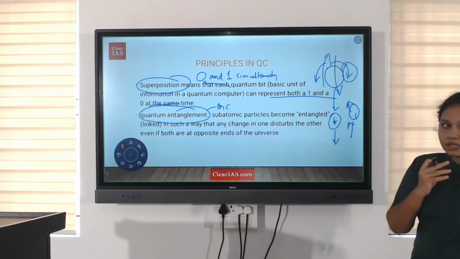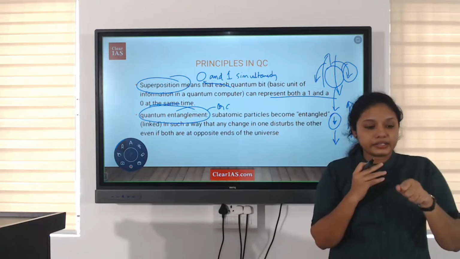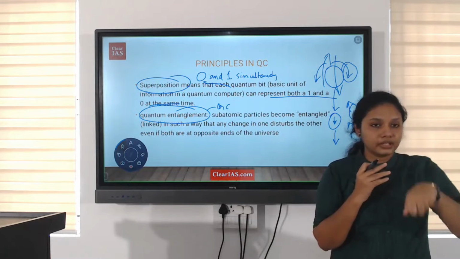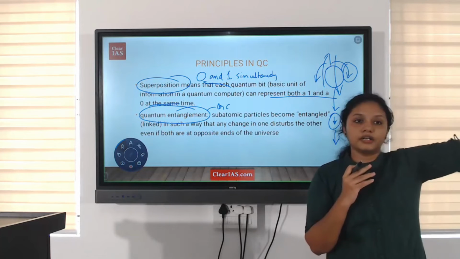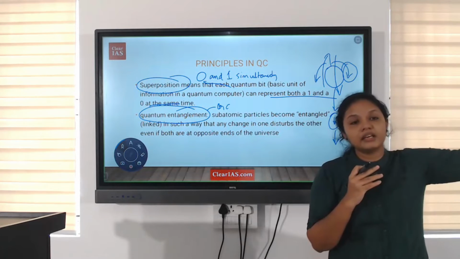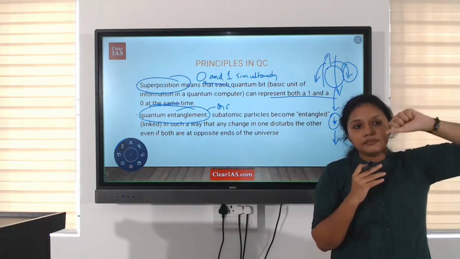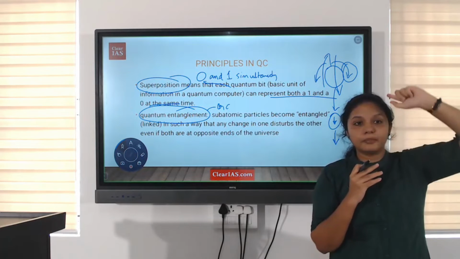Say I have two electrons and I see that one has a downward spin. You take the other electron to, for example, Australia. When you look at it from there, it will have the opposite, upward spin.